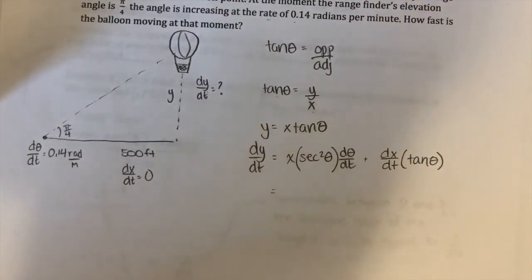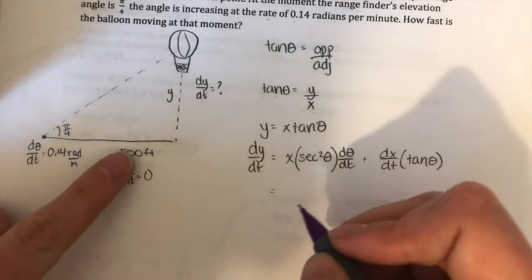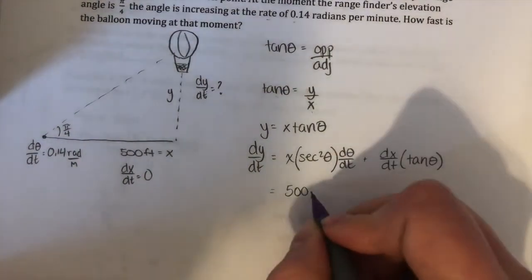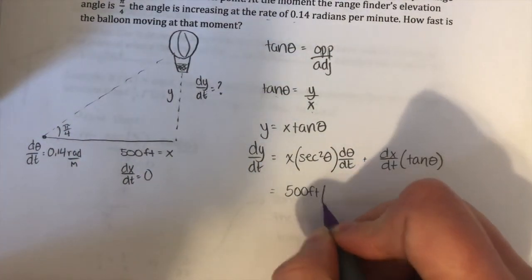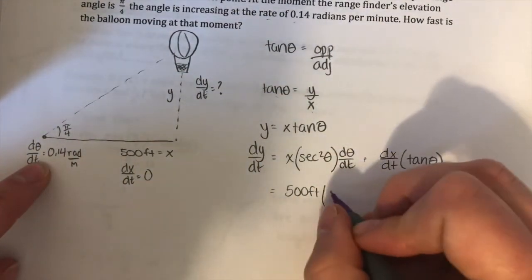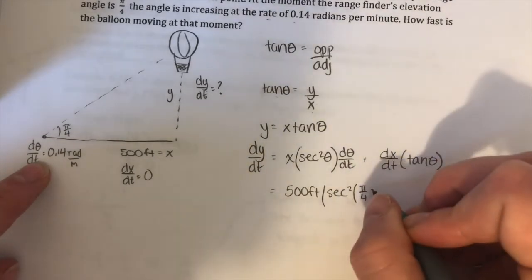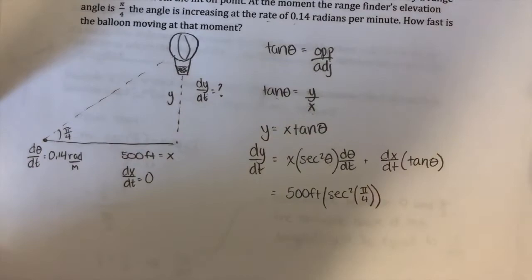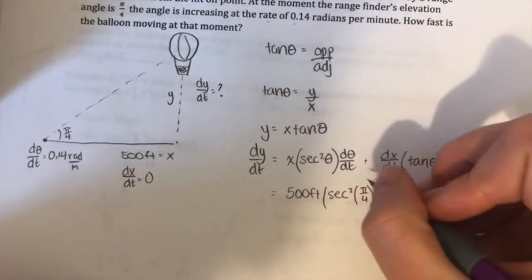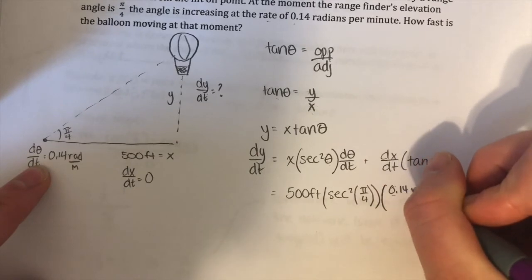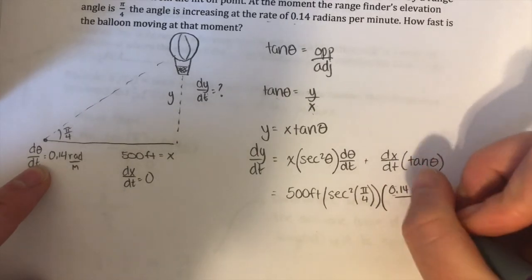Okay, and then we're just plugging in numbers. So x is 500 feet. Remember, this guy is our x. Secant squared of pi over 4, and that's going to be radians. And then d theta dt is 0.14 radians per minute.